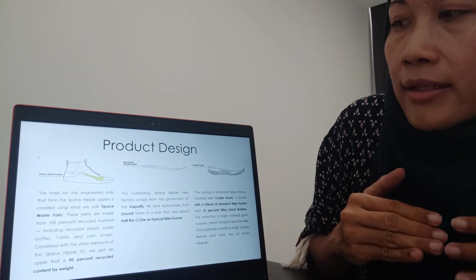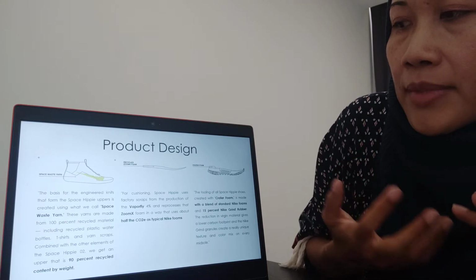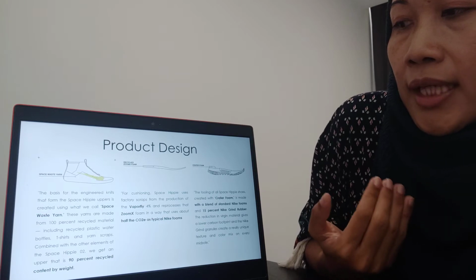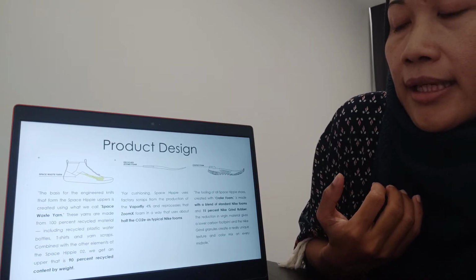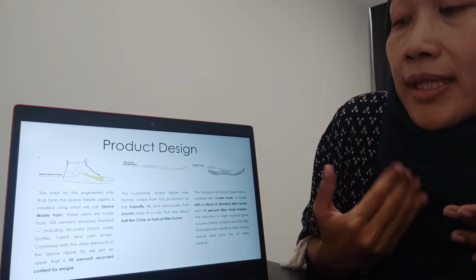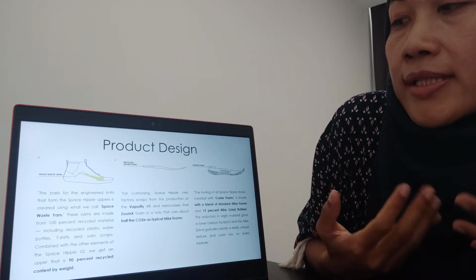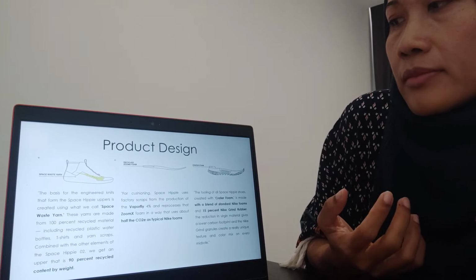All these combined with other elements of the Space Hippie 2, we get an upper with 90% recycled content by weight.